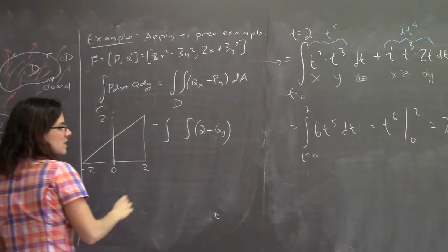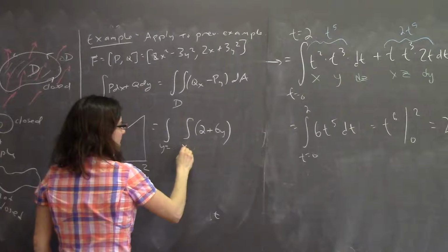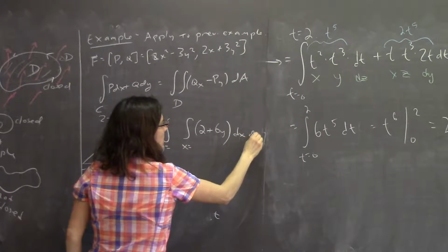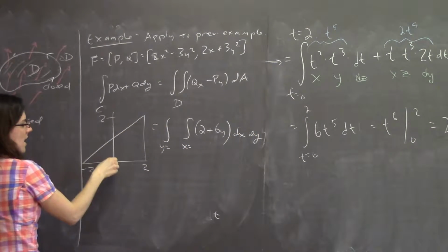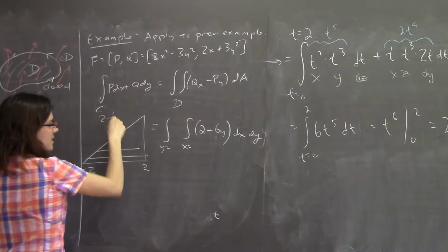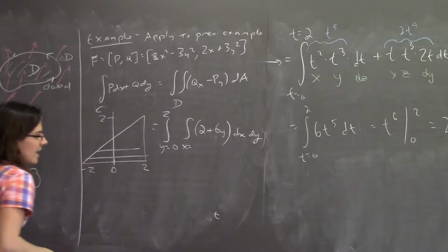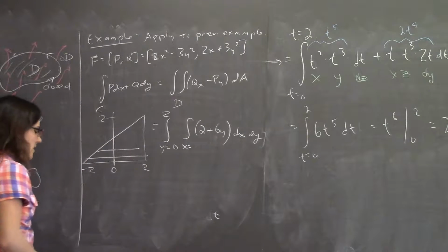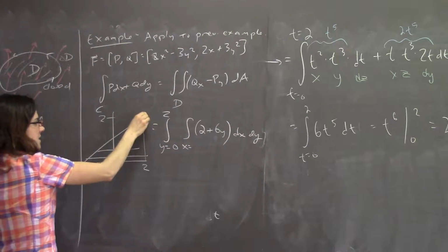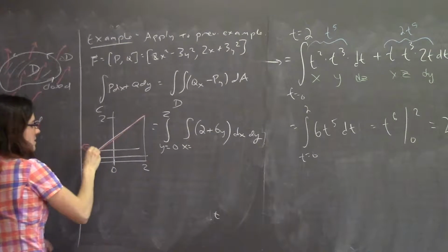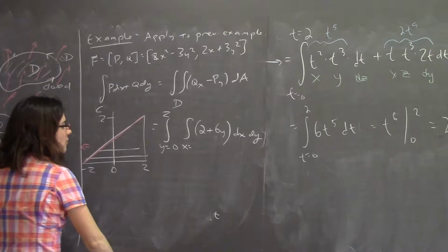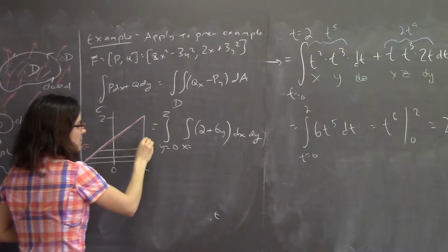Let's integrate. We could do either order. Let's do y on the outside and x on the inside. So that's dx dy. My y's are going to go from 0 up to 2. And for the x's, I go from whatever x is on this pink line over to whatever x is on this purple line.